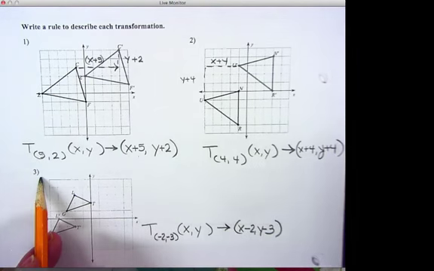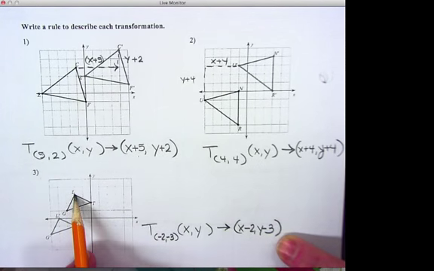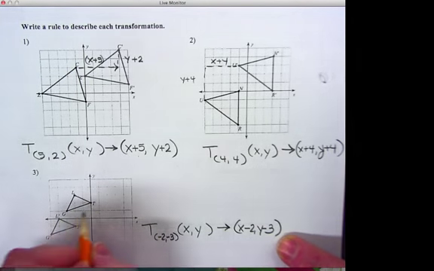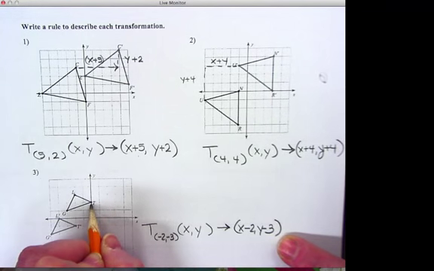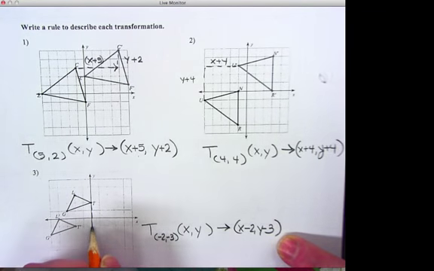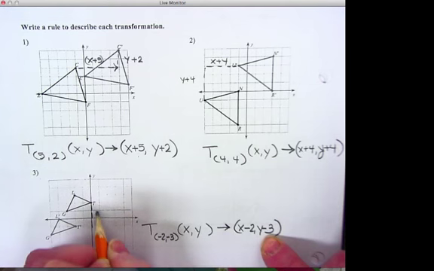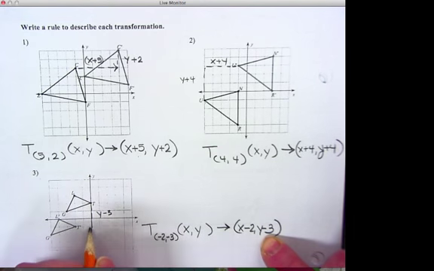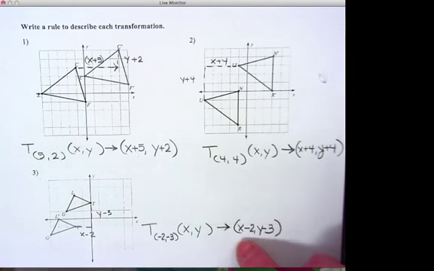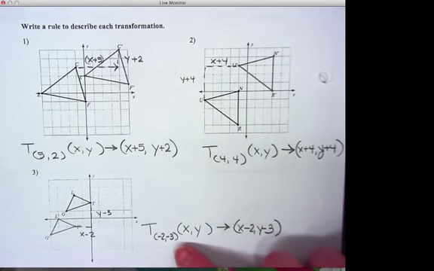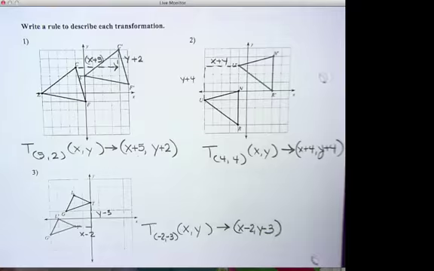Now on 3, it's a little different because your pre-image is here, so I'm actually going to use it from the T. I'm going to go down 1, 2, 3 spaces, so it's y minus 3 there, and I have to go over 2 spaces, and that's in the negative direction too, so x minus 2. That's where that comes from. That describes the translation. Okay, you're ready for your homework.